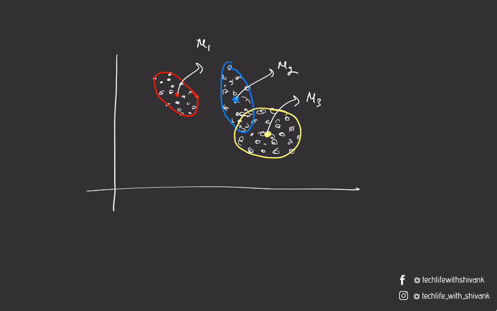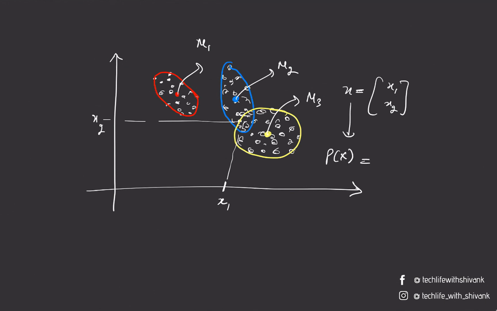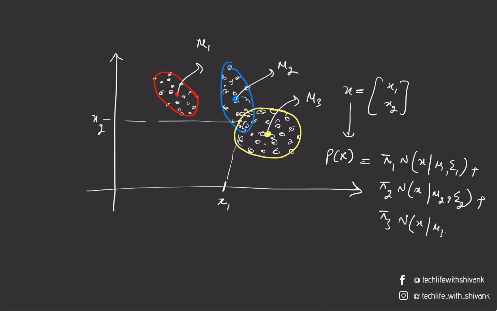And for any given x, where x is basically (x1, x2), the probability density function p(x) is pi1 times the normal distribution of x, assuming mean is mu1 and variance matrix is sigma1, plus pi2 times the normal distribution of x given mean is mu2, variance is sigma2, plus pi3 times the normal distribution of x given mean is mu3, variance is sigma3.